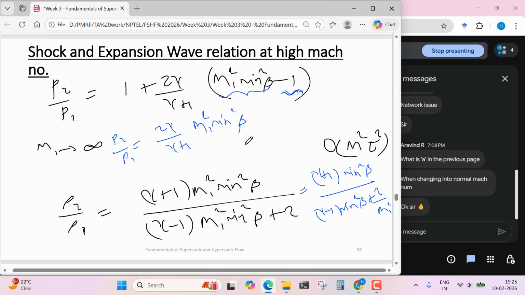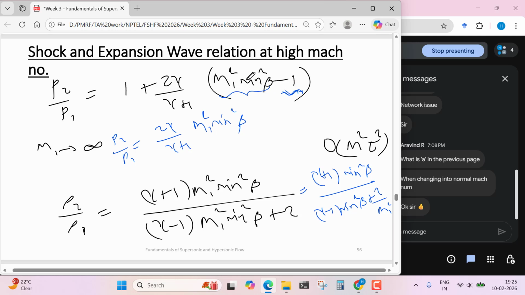Now we'll see the pressure ratio. For pressure ratio, P2 by P1 equals 1 plus 2 gamma upon gamma plus 1 times (m1 square sin square beta minus 1). Now let's say m1 tends to infinity. So this term will be very large compared to 1.